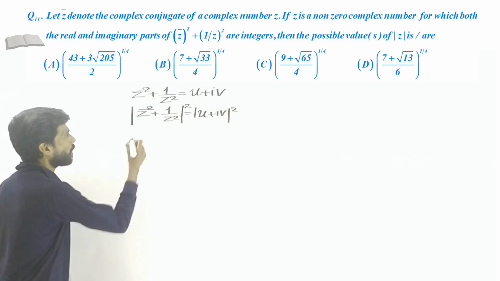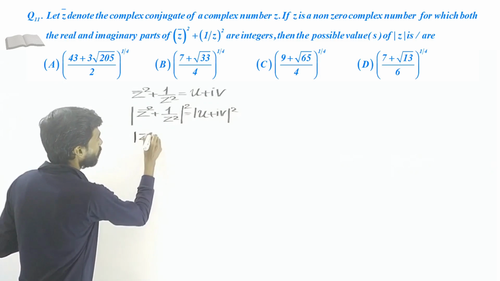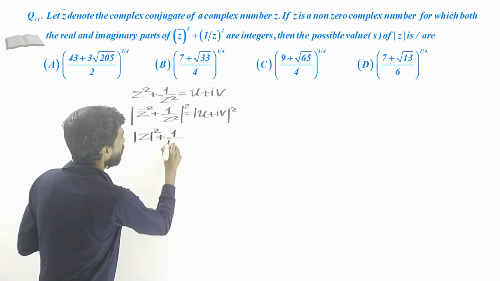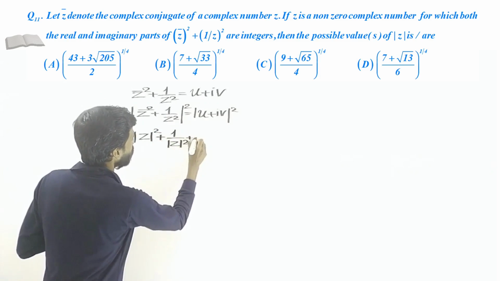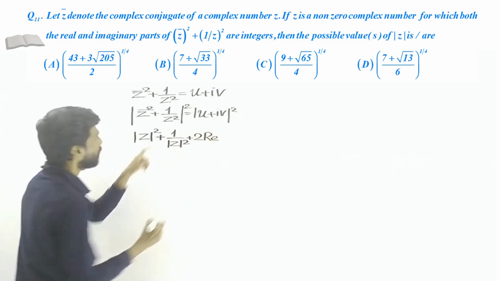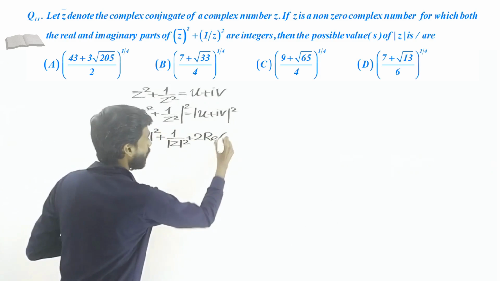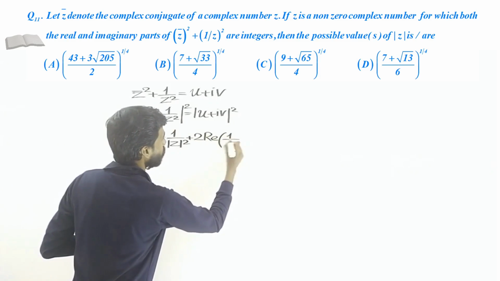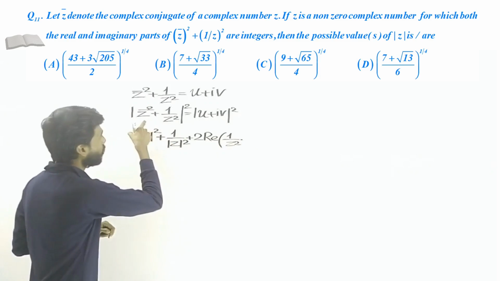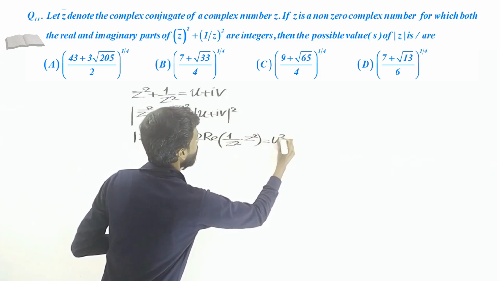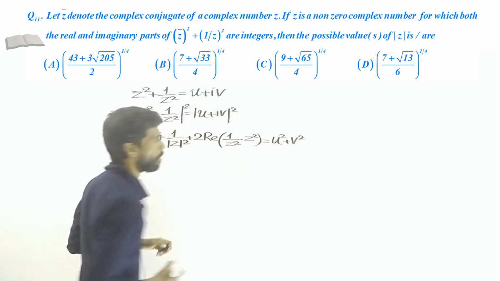So this becomes modulus of z square, no need of conjugate inside the modulus, right. So plus 1 by modulus of z square plus 2 times real part of this multiplied by its conjugate, so 1 by z square multiplied by the conjugate of this, so that is also z square, so that equals, the right hand side is simple, u square plus v square, okay.